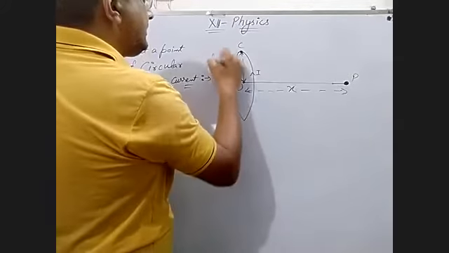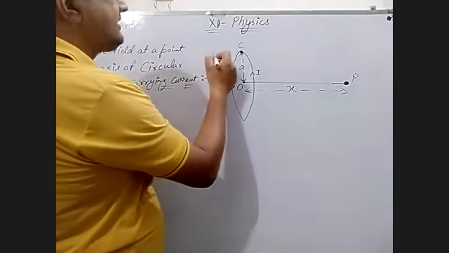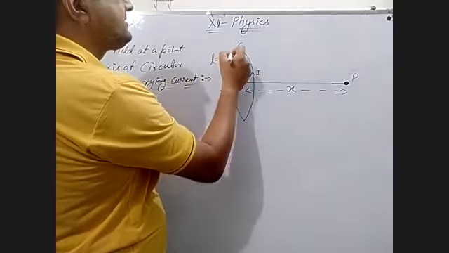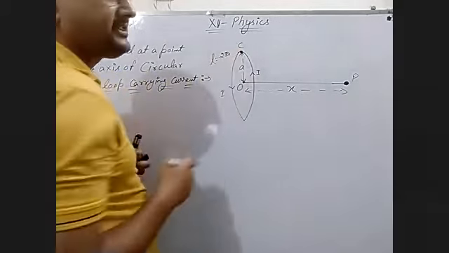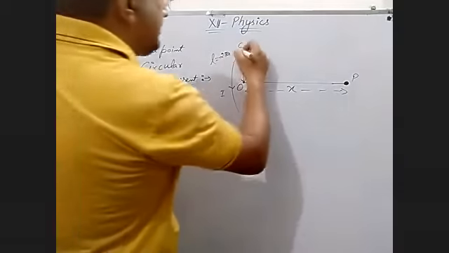Now, let L be this circumference, and the circumference formula is 2 pi a because a is the radius of this circular coil.